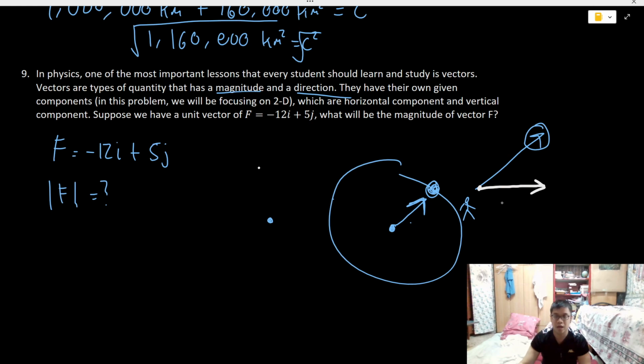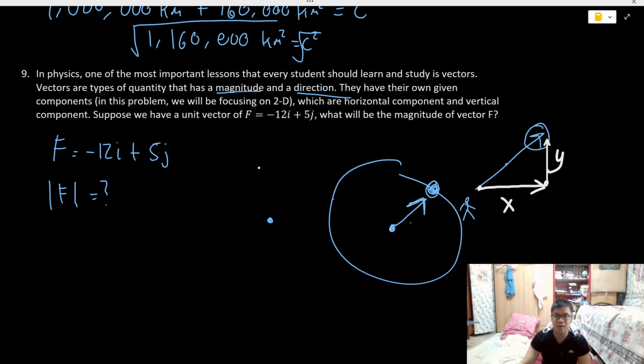In other words, how far would you go in that direction in horizontal orientation? Then we have your vertical component, which is going upward. This one tells you how far you are going in that direction, vertically speaking. So bottom line, in every vector, there's always a given component.